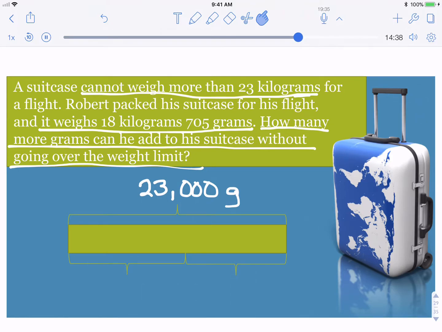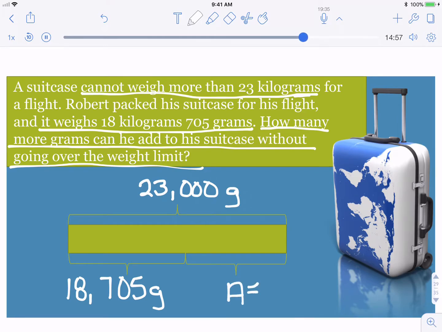This weighs 18 kilograms, 705 grams, so I could say 18,705 grams. How many more grams? We don't know, so we're going to put an A there as our variable.